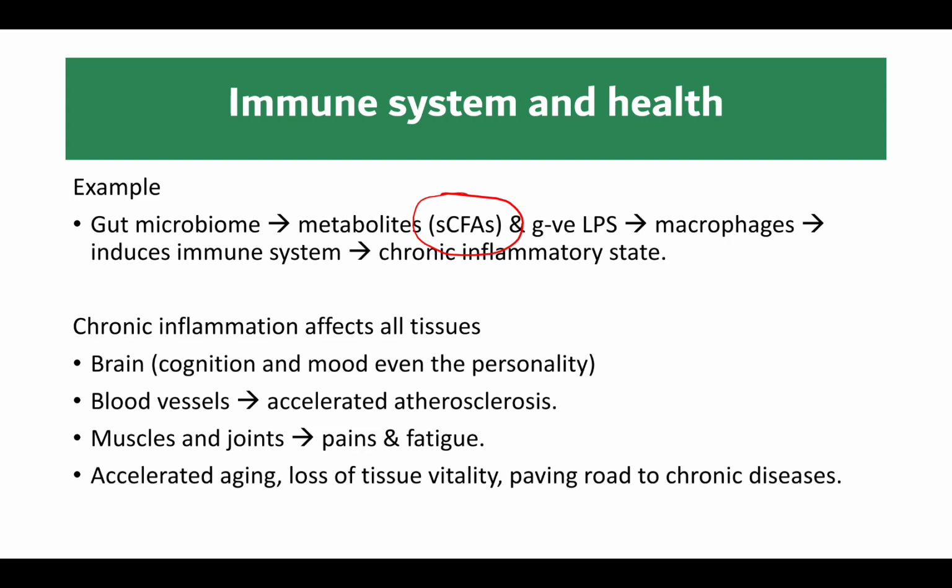However, if the gut microbiome or bacteria is not healthy, it's going to secrete gram-negative lipopolysaccharides, which is the membrane of the microbe. When the microbe dies, its membrane is destroyed and becomes small particles.